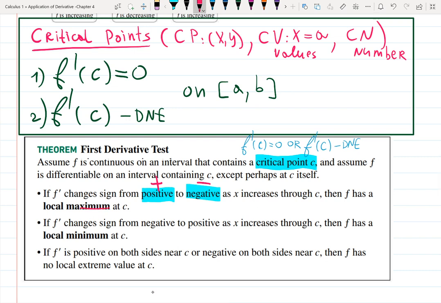And that's how we're going to know where the local maximum happens. If it changes from minus to plus as x increases through c, then f has a local minimum. And if f prime is positive on both sides or negative on both sides, then f has no local maximum and no local minimum.